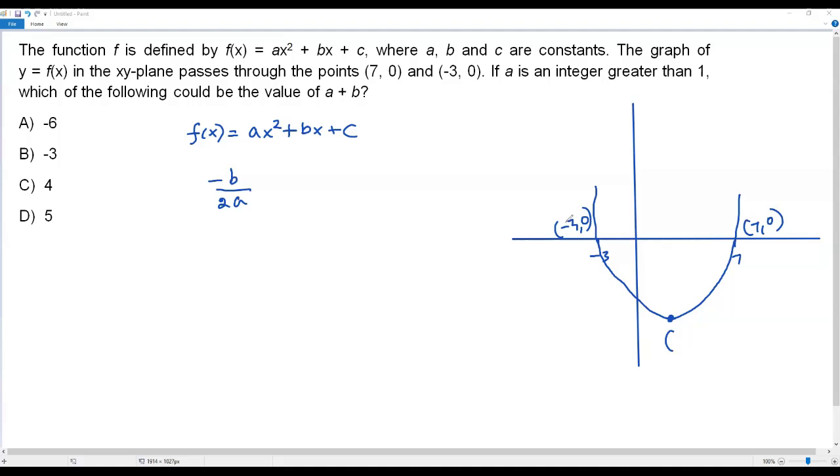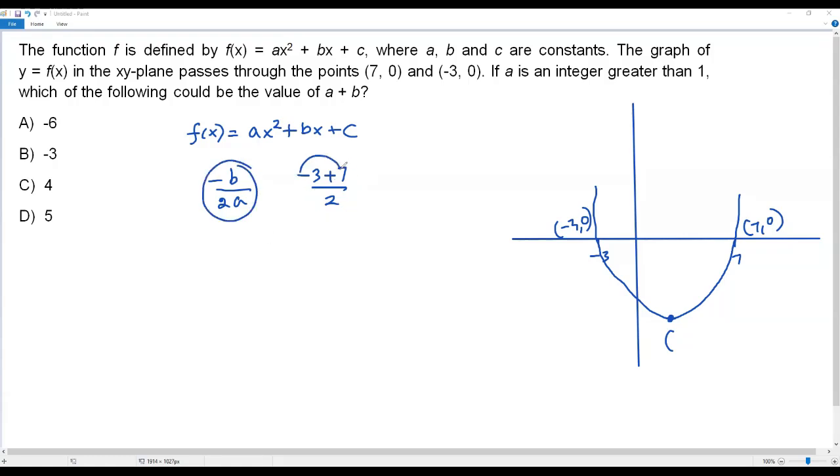We just have to find the average of the x-coordinates of the 2 x-intercepts. So if I find the average of the 2 x-intercepts, I'll be getting (-3 plus 7) over 2. The average of the x-coordinates of the 2 x-intercepts represents the x-coordinate of the vertex. So this is a formula to get the x-coordinate of the vertex when the quadratic function is given in this form, and this is the x-coordinate we are getting from the given x-intercepts.